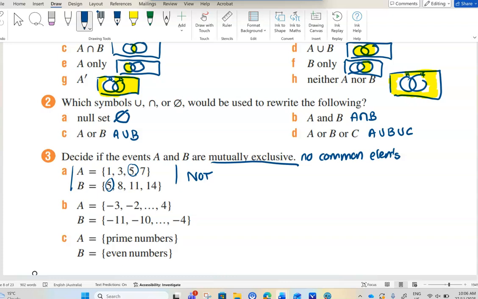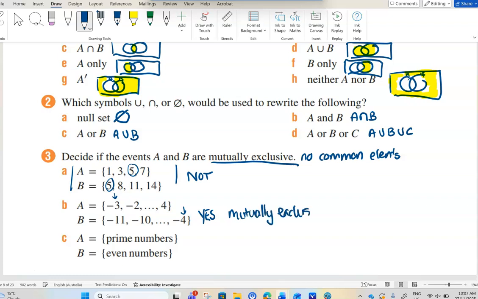If I looked at the second one, they're saying all the numbers from -3 up to 4, and all the numbers from -11 up to -4. Are there any common numbers there? No, because this one finishes here and then this one starts. So is it mutually exclusive? Yes, mutually exclusive.